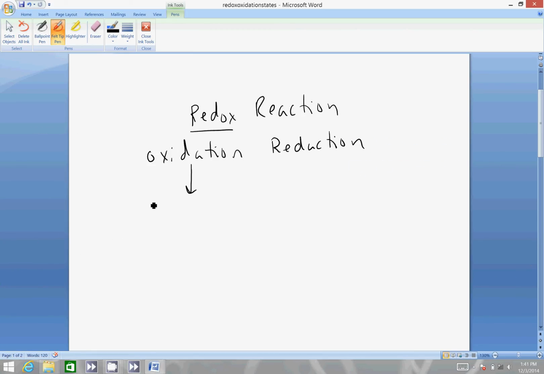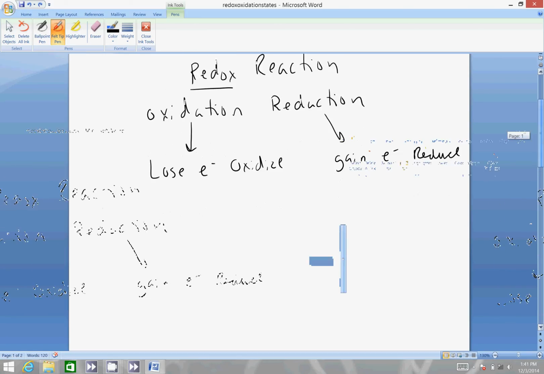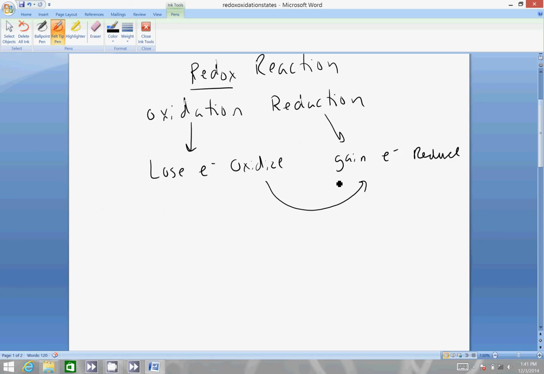So it turns out oxidize means to lose electrons, and reduce means to gain electrons. So anytime you have a situation where there is going to be a transfer of electrons from one item to another item.